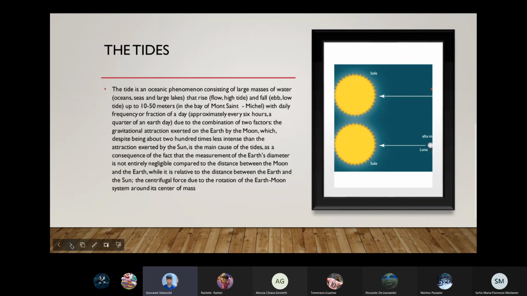This happens through the combination of 2 factors. The gravitational attraction exerted on the Earth by the Moon, which, despite being about 200 times less intense than the attraction exerted by the Sun, is the main cause of the tides, as a consequence of the fact that the Earth's diameter is not entirely negligible compared to the distance between the Moon and the Earth, while it is negligible relative to the distance between the Earth and the Sun.